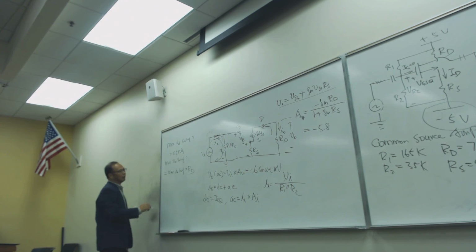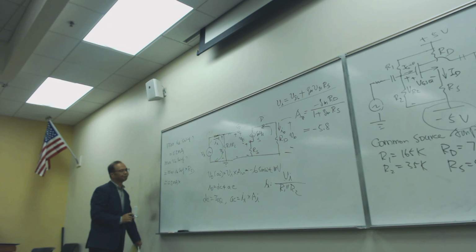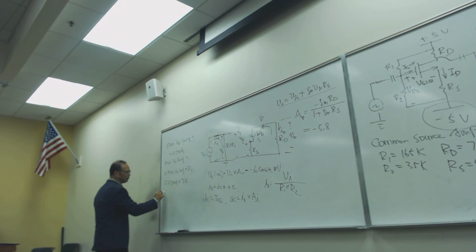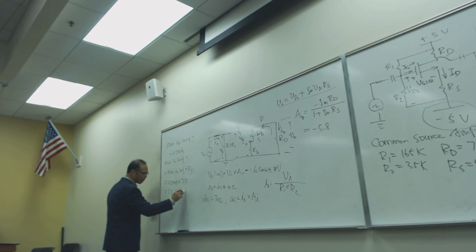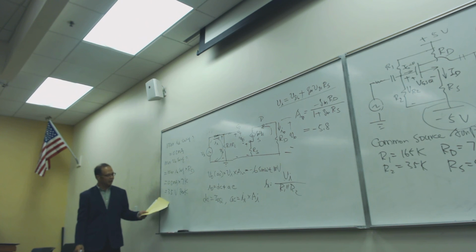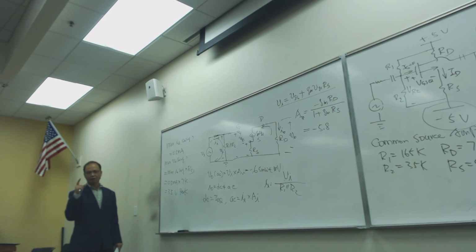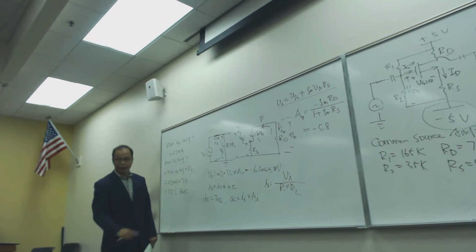So it's 0.5 milliamp times R sub P, which is 7K. So it's a 3.5 volt peak. That is the maximum output swing you can have before you have any distortion. Okay. Any questions?